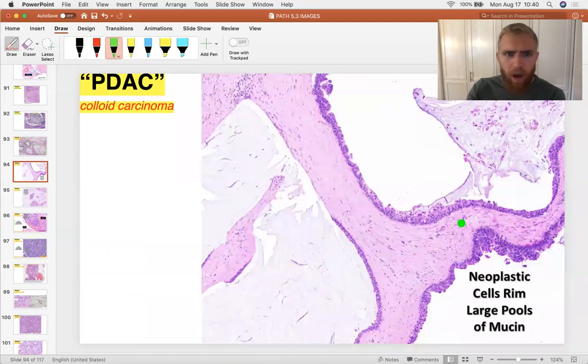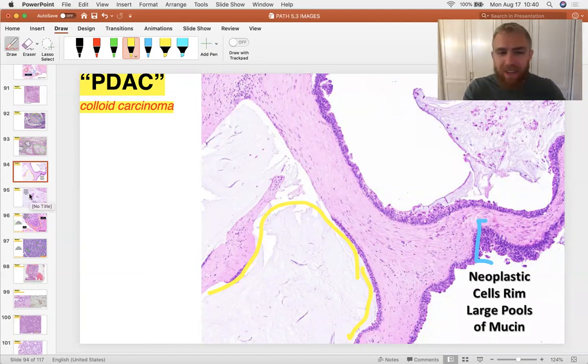Same look here. Very clearly cancer on the lower right fringe of that dilated space. And within the cystic cavity on the left, very clearly filled with mucin. You know, mucin's got that kind of gray appearance to it, like baby snot.